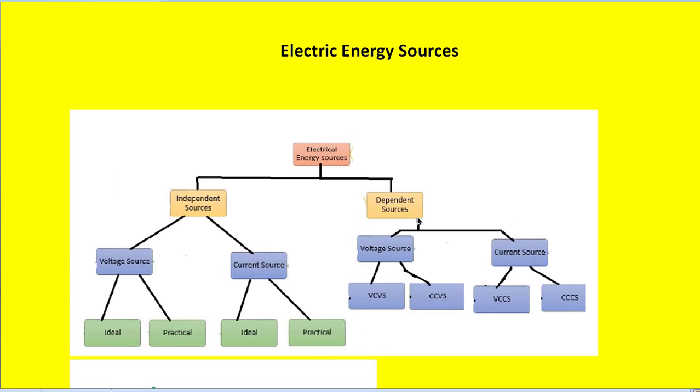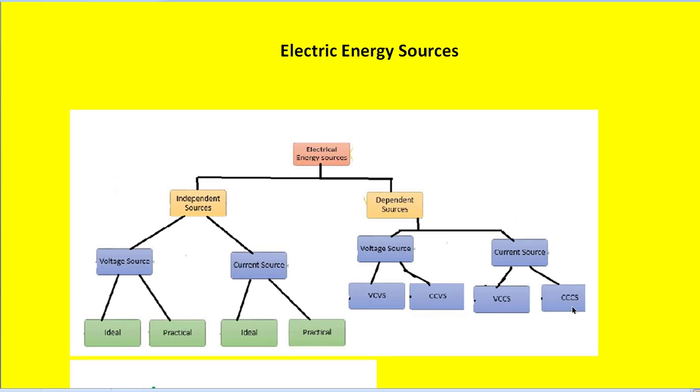Similarly, under dependent sources, we find voltage sources and current sources. Voltage sources are of two kinds: voltage controlled voltage source and current controlled voltage source. Coming to current sources, there is a voltage controlled current source and a current controlled current source.